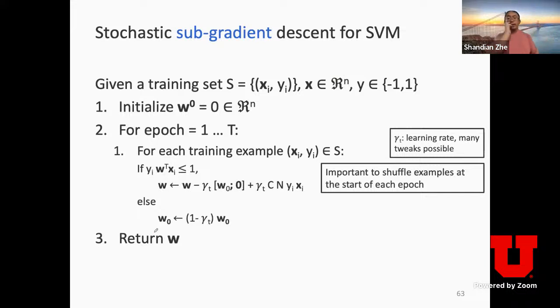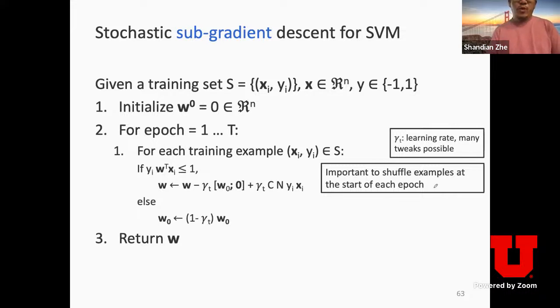Here I want to emphasize that gamma t is the learning rate. There are many tricks. You need to carefully schedule your gamma t to make sure some conditions are satisfied to get convergence.